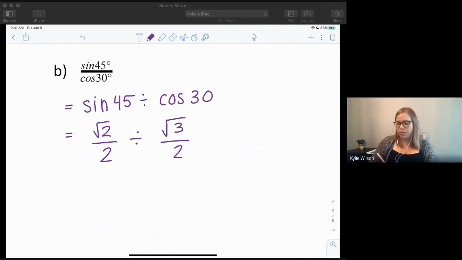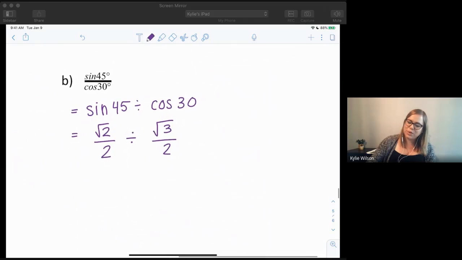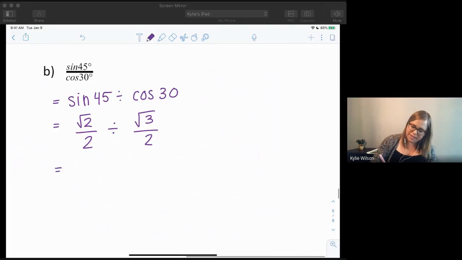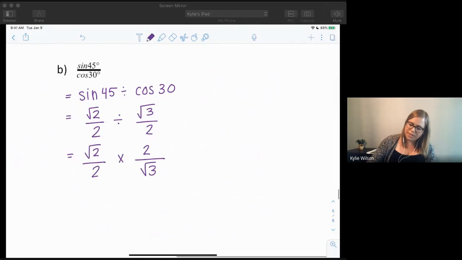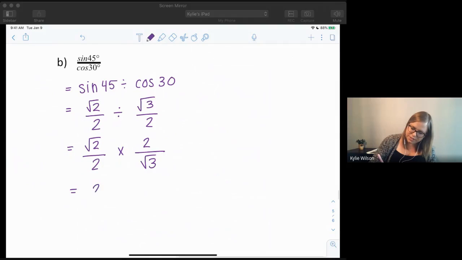So remember, when we divide fractions, I flip the second one and multiply. So I flip the second one and change that to a multiplication sign, like that. So now that will give me 2 root 2 over 2 root 3. And we can get rid of those 2's there.